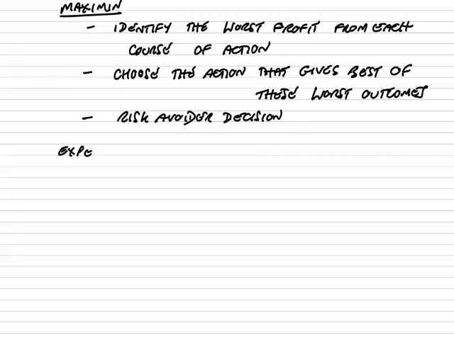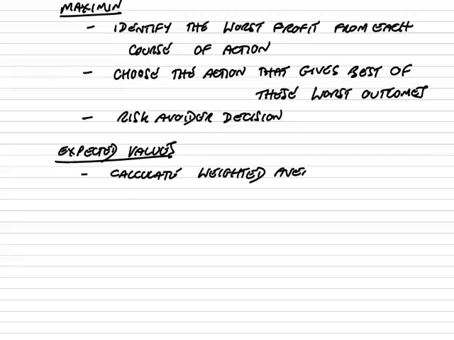Finally, expected values. With expected values, again, when we're uncertain, when there's several possible outcomes, we calculate the weighted average of the possible outcomes for each course of action.